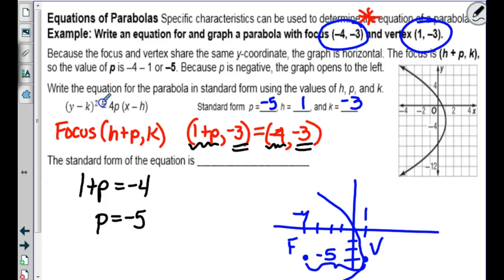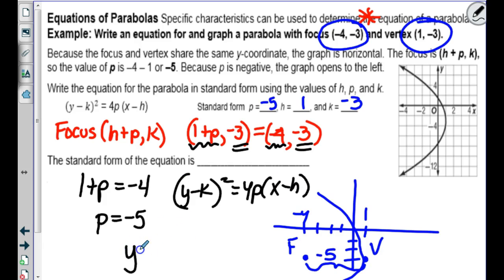All right, now let's put it in the equation. For a sideways parabola, the equation is (y minus k) squared equals 4p times (x minus h). So plug the numbers in. Y minus, what's k? -3, so it'll be y plus 3, quantity squared, equals 4 times p. 4 times -5 is -20.